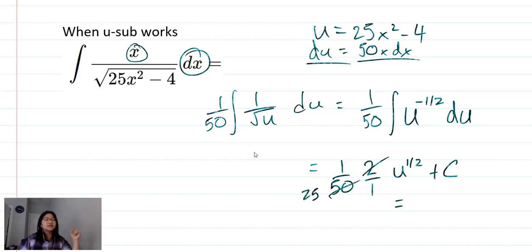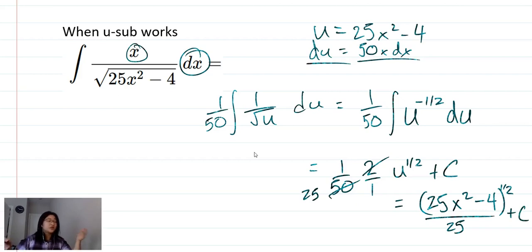So we get 25x squared minus 4 to the 1/2 power over 25 plus c, because we have an indefinite integral, so we have a family of functions.